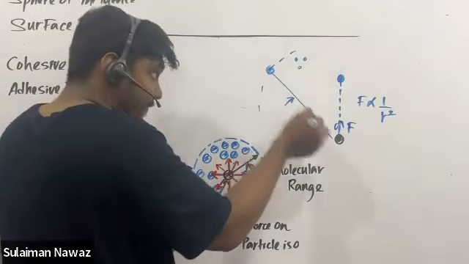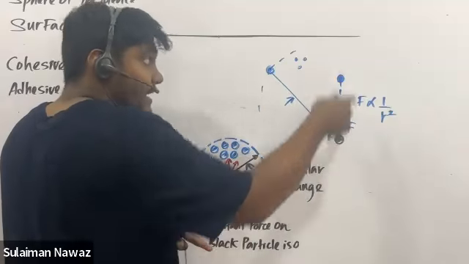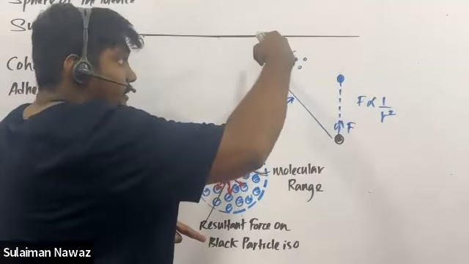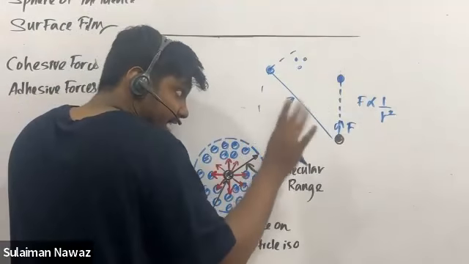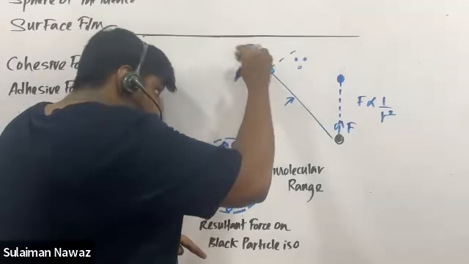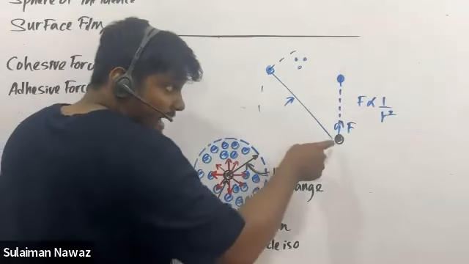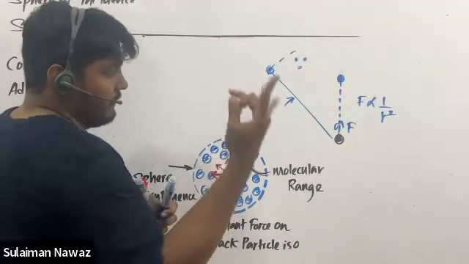Because if I take the radius as the molecular range and create a sphere, all the particles inside that sphere directly impact this black color particle. But beyond that sphere, the impact of particles on this black color one is negligible. That is what we call the sphere of influence.